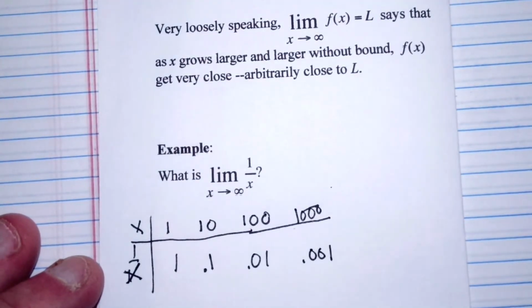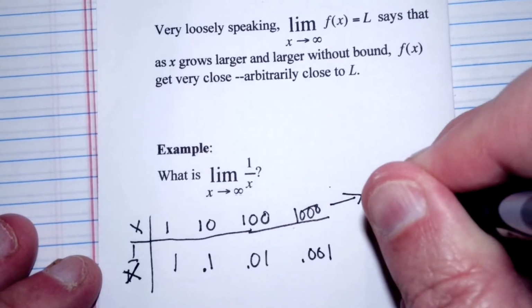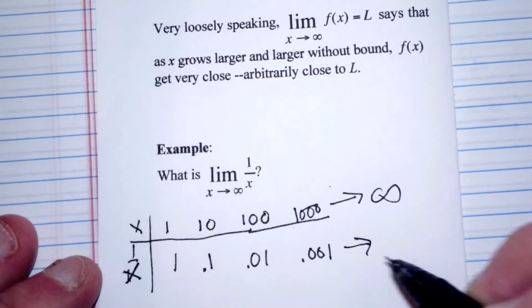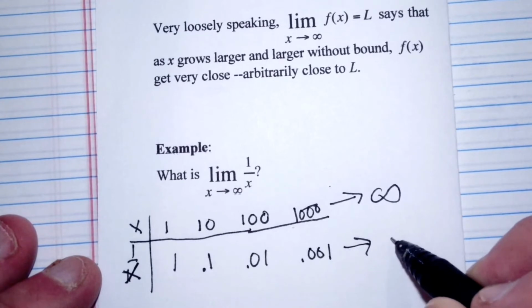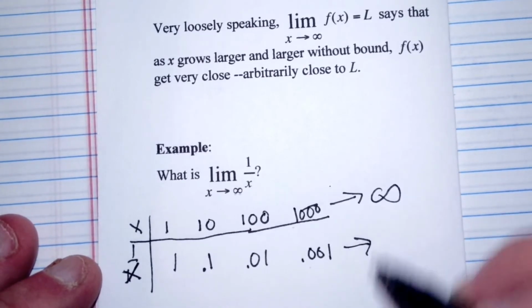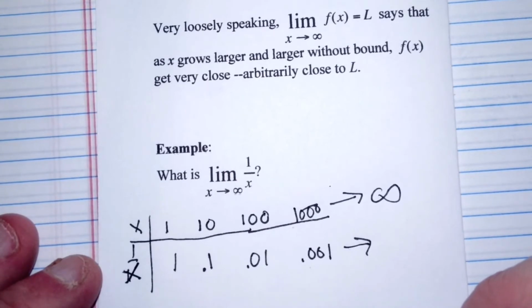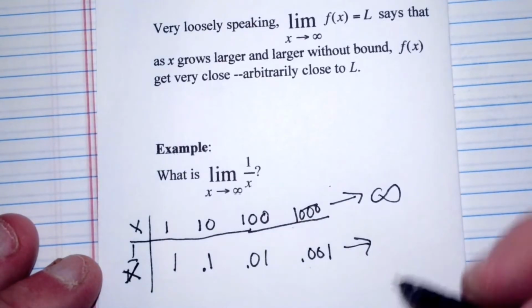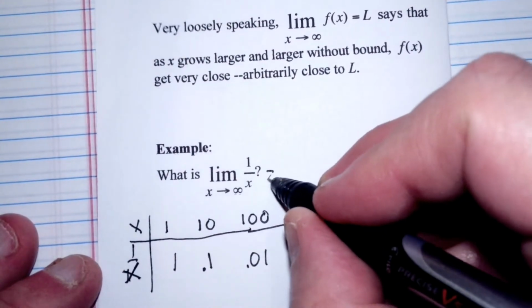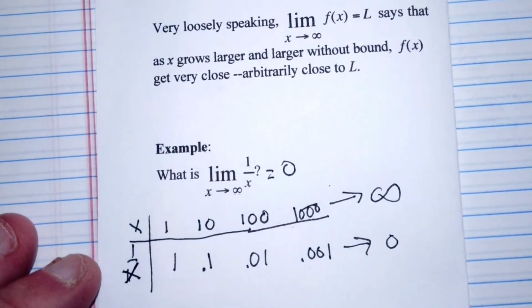And so you see that as x grows larger without bound, that's really what is going on when we say that x tends to infinity, this 1 over x gets closer to 0. And in fact, we can make this as close to 0 as we want by picking x big enough. So that's 0.